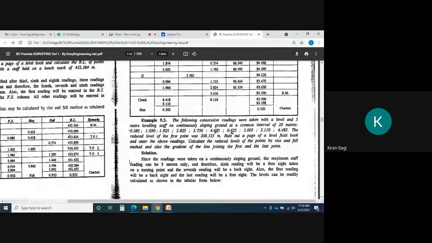Yes, this one, 9.3. Just take the screenshot. I hope you have taken the screenshot for both the questions. Solve it by height of the instrument and by rise and fall method, and cross check whether you are getting the same levels or not.